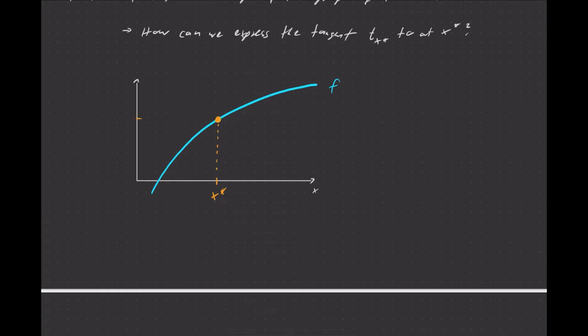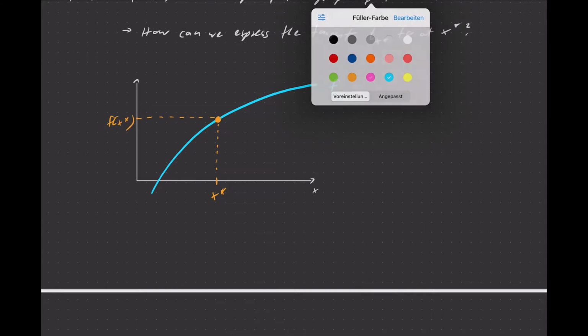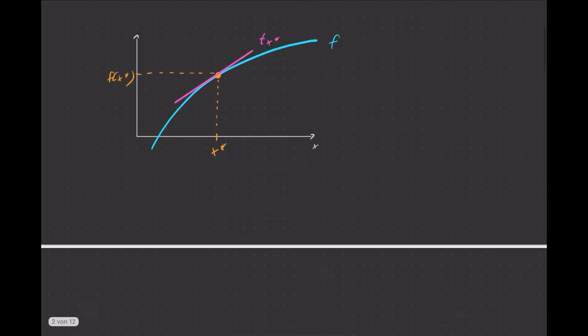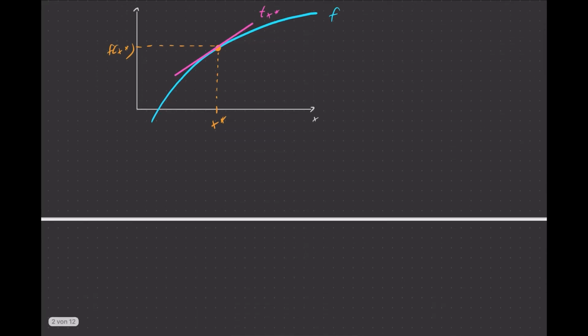And we can also identify the value of the function at that point. So this here is f at x star. Now the tangent at that point would look like this. So that is the tangent t x star that we are looking for. And we want a functional description of that tangent here. So first thing we're going to look at is representing t x star as a function.